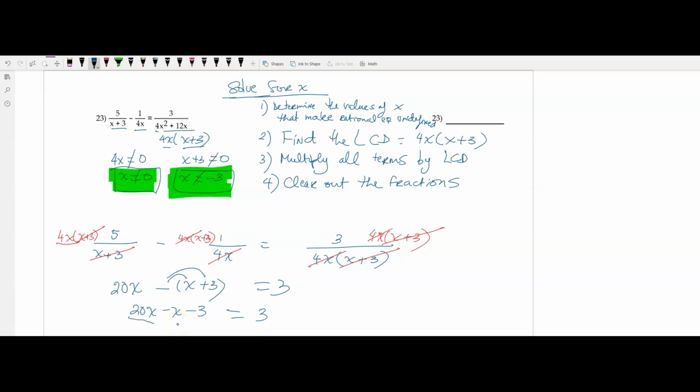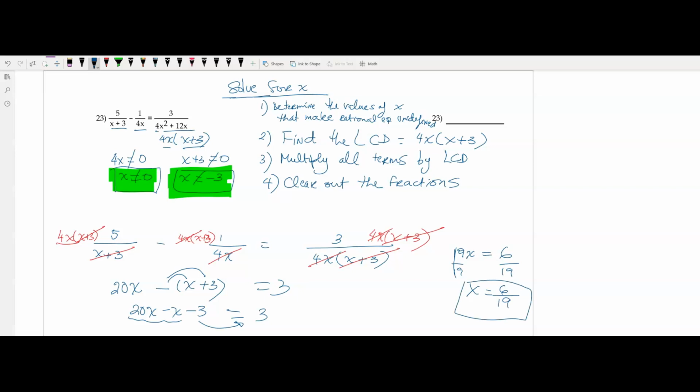So I get 20x minus x, which is 19x, equal to the negative 3 becomes positive 3. So 3 plus 3, 6. And then divide by 19 here, and I get x equal to 6 over 19.